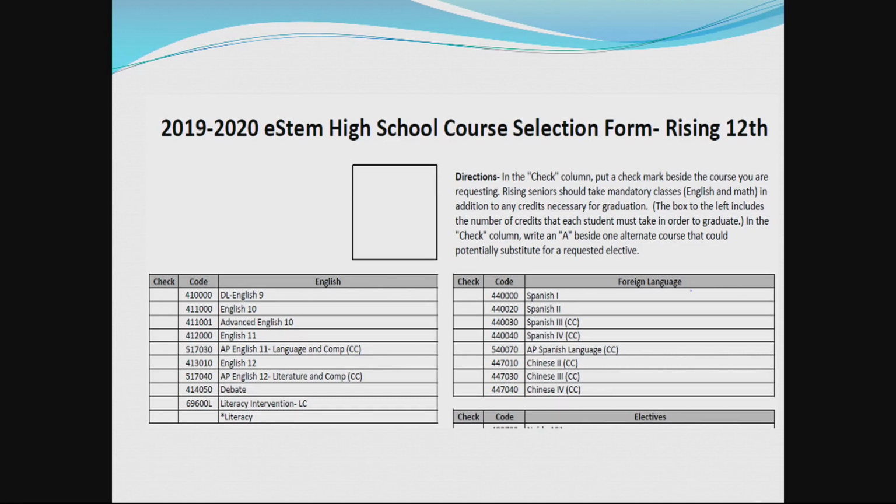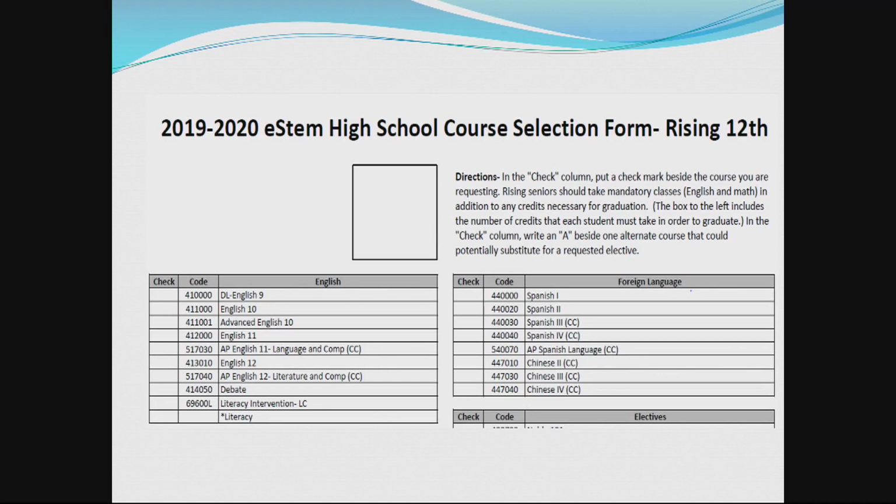To select courses, just mark a check mark under the check column beside the course you wish to request. Also, write an A beside one alternate class that could potentially substitute one of your required electives in the event that you don't get one of the classes you requested.